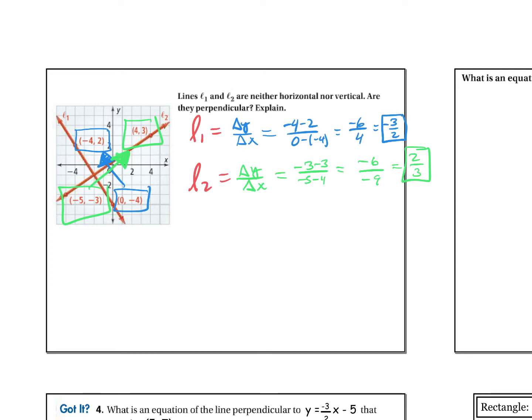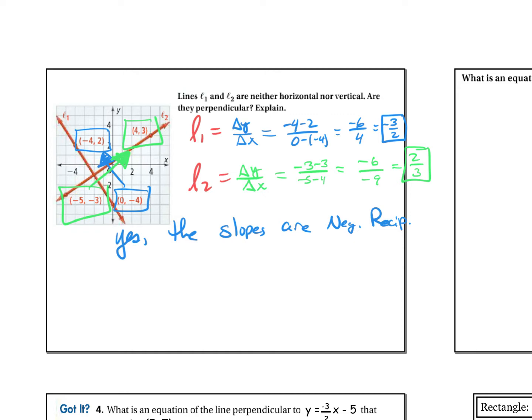So we get that the lines are or are not. They are perpendicular. Why? The slopes are negative reciprocals. Or you could say the slopes have a product of -1. You could say either, and that would get you the correct answer.